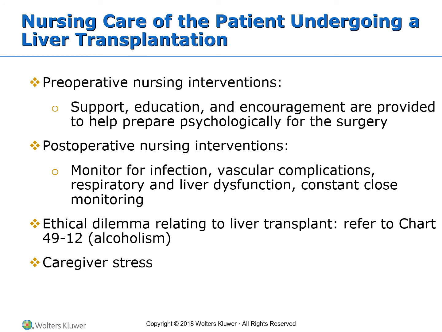After the transplant, they'll be put in the ICU initially, and then they'll be moved accordingly based on how they do. But you need to educate pre-op, and then before they go home, educate the family that the home needs to be clean. It's not going to be a sterile environment, but it does need to be clean. They need to disinfect and keep the home free of bacteria, viruses, and fungi, and that includes people coming in to visit.